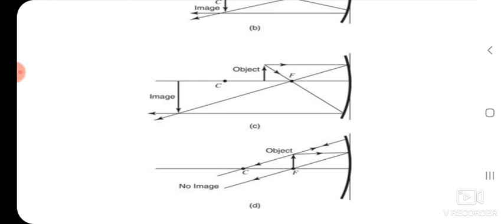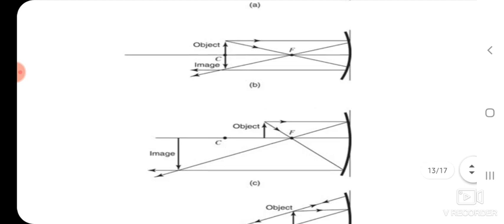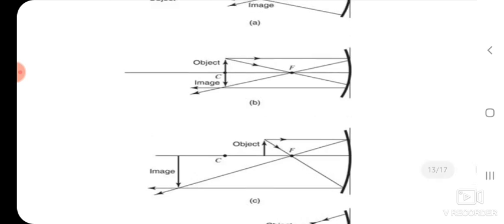It is only necessary to find the intersection of two reflected rays from a point on the object to define the corresponding point on the image. A third one can be used as a check.